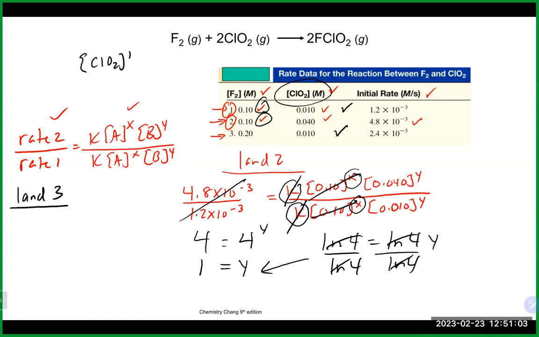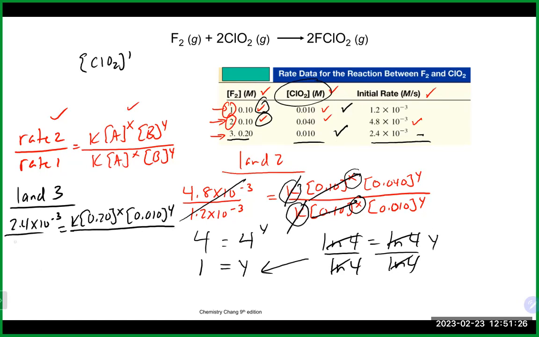Once again, I'm going to put the larger rate up on top, which is 2.4 times 10 to the minus 3 equals k, 0.2 to the x, and 0.01 to the y. I just put in there everything from entry number 3 up on top. We're going to then divide it out for entry number 1, which is 1.2 times 10 to the minus 3, or k, 0.1 to the x and 0.01 to the y.